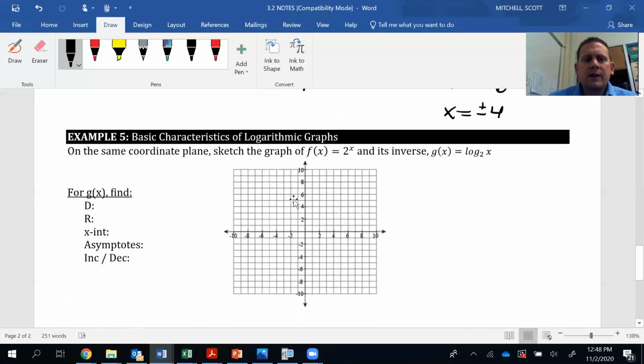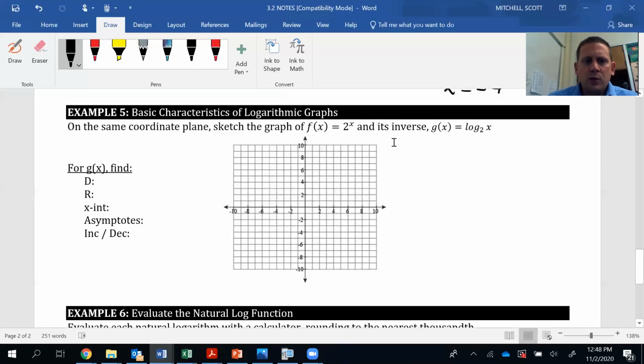All right, so now we're getting into graphing. So we should know what y equals 2^x looks like. Let's graph that in red to start. So y equals 2^x, our exponential equation, goes through (0, 1). It's going to give us a horizontal asymptote at y equals 0. It's going to kind of look like that.